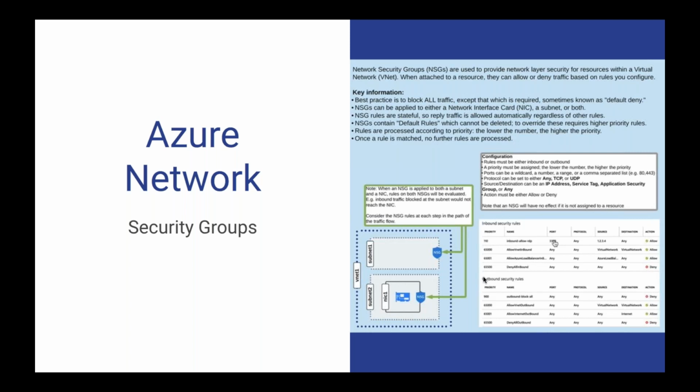If it is port 80, and we mentioned allow traffic on port 80, then that rule is executed. That means the traffic is allowed. The remaining rules will not be executed because the first rule became valid.